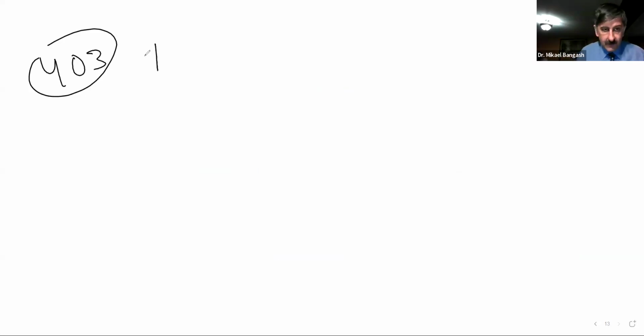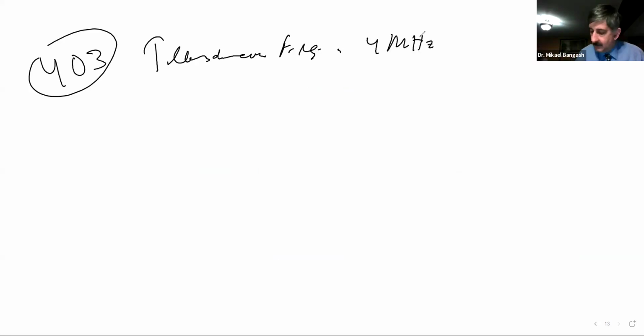Question number 403. Now, an ultrasound system with a 4 megahertz transducer. So the transducer's frequency is 4 megahertz.